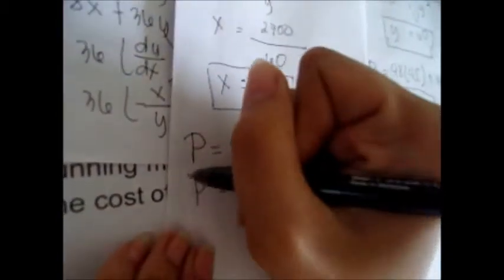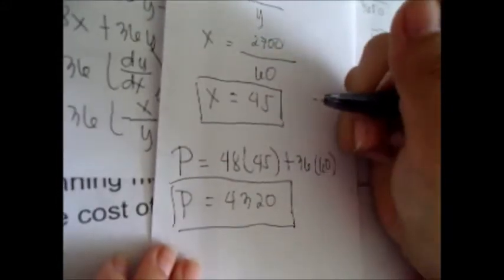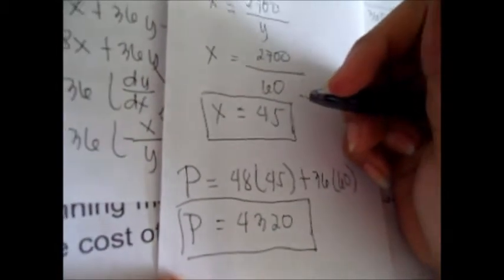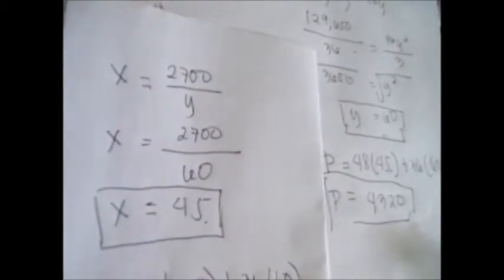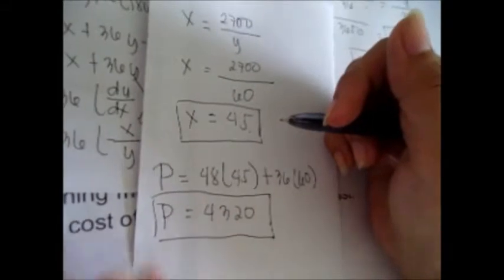Now the perimeter is 4,320. We now have the values of x and y, which are 45 and 60 respectively. We conclude that the width of the field is 60 and its length is 45, so that the cost of the fence will be minimized.